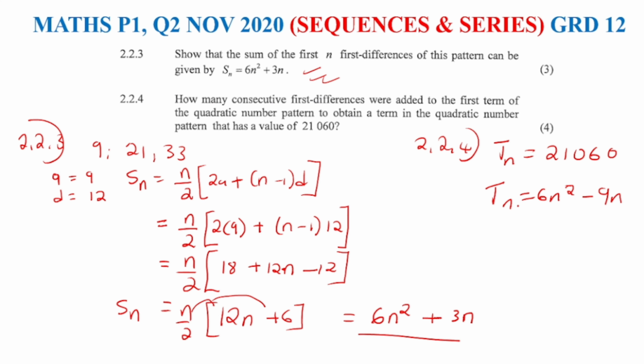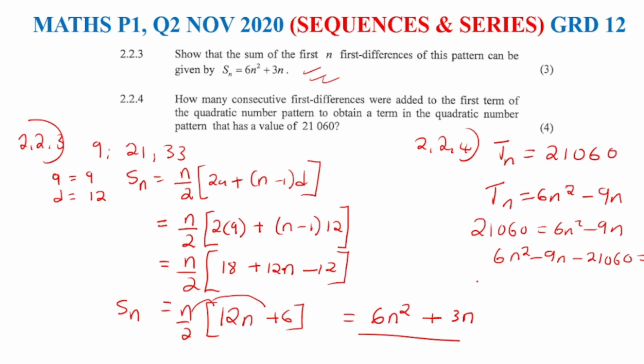So we know Tn is this number here, and then 6n squared minus 9n. So we take the 21060 to the other side, so it's going to give us minus 21060 equals 0.